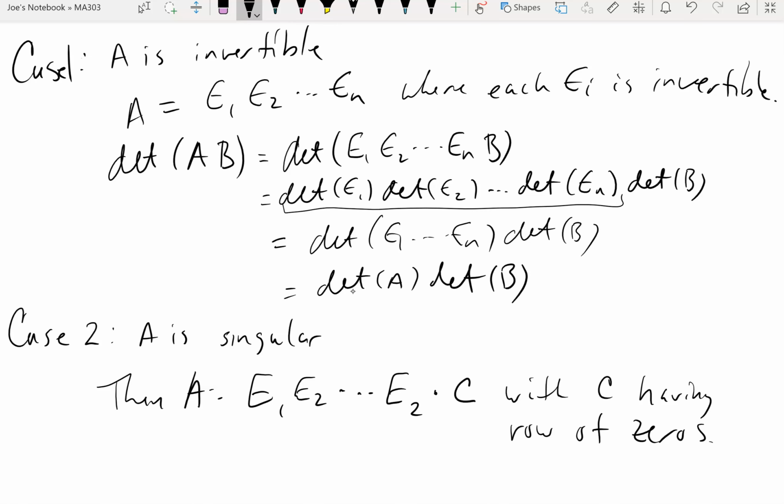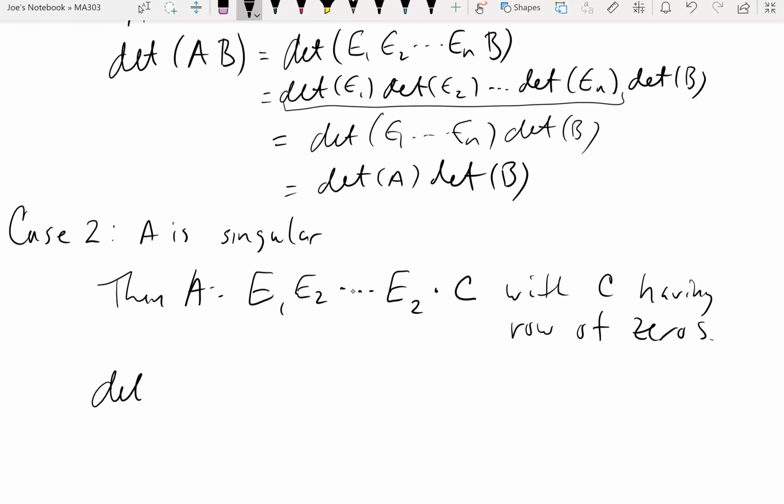If we think about it from a volume perspective again, one of your dimensions is 0. If one of your dimensions is 0, it makes the volume 0. Right? So this tells me that the determinant of A would have to be the determinant of this mess. Oops, why did I write a 2 here? This should be an N. Has to be 0.